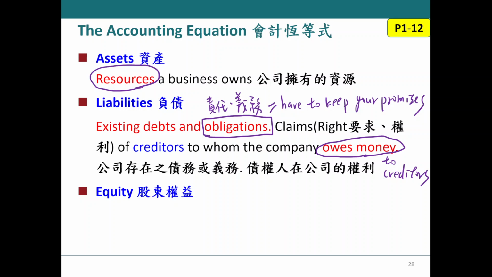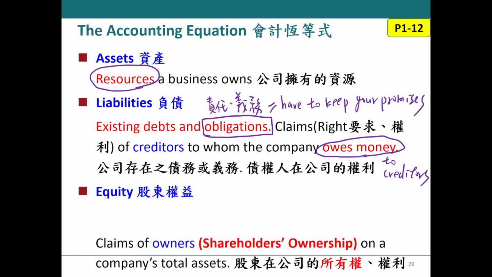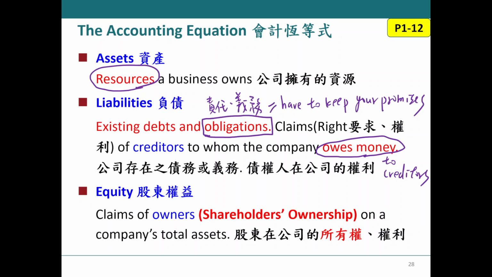So what's the equity? We talk about investors, right? We talk about shareholders when they invest in your company. So equity tells you shareholders' rights inside the company, shareholders' ownership of this company, how much money belongs to shareholders. Okay, so this is equity.